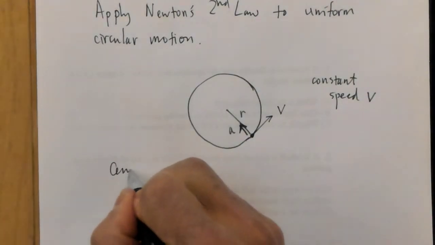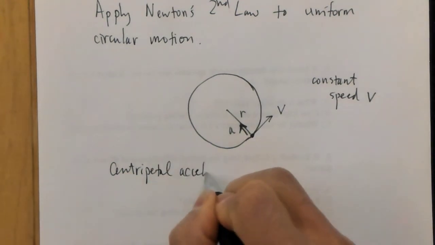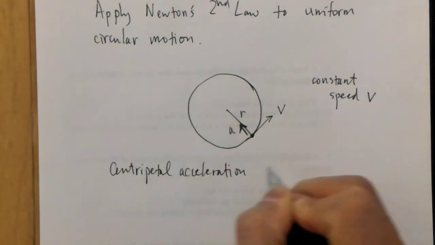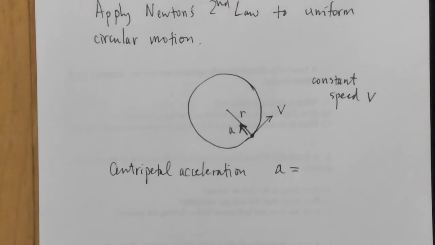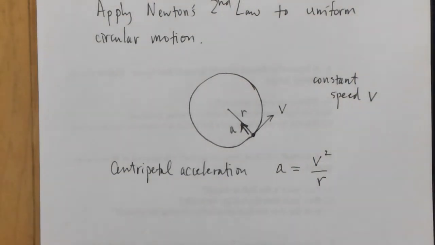The formula is v squared over r, and the direction points towards the center of the circle.